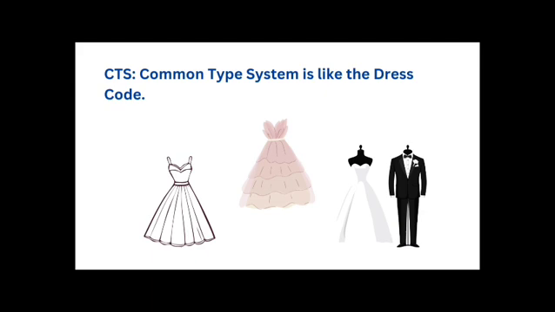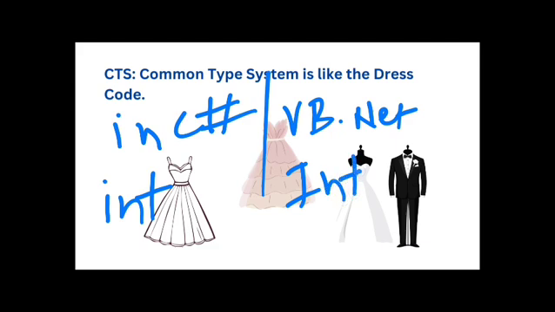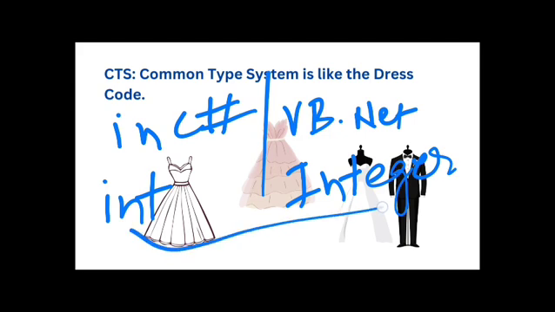For example, suppose in C# we use the int data type, and in VB.NET we use Integer. CTS tells us they are both treated as the same internally.